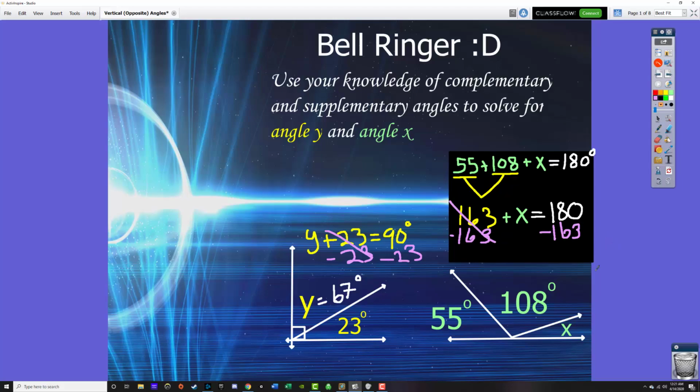That is going to cancel out the 163 on the left, and that means that we're just going to be left with X equals 180 minus 163, which is equal to 17 degrees.